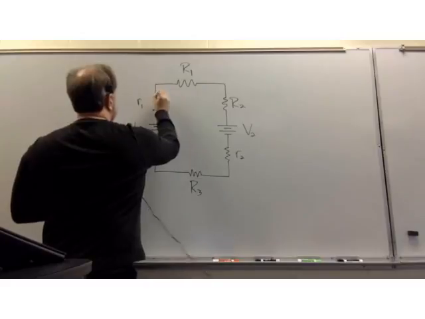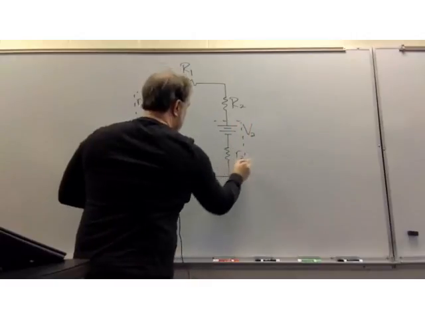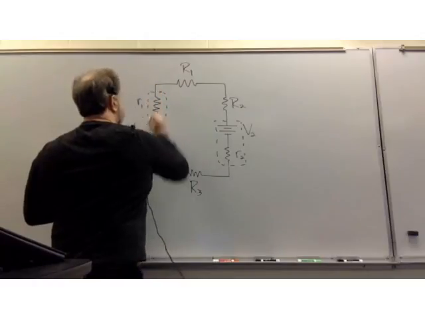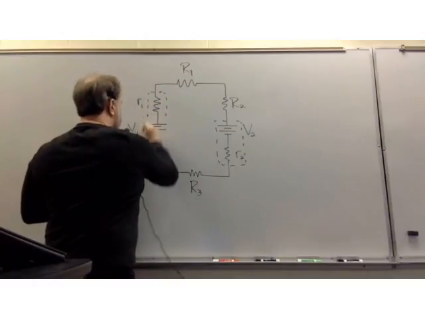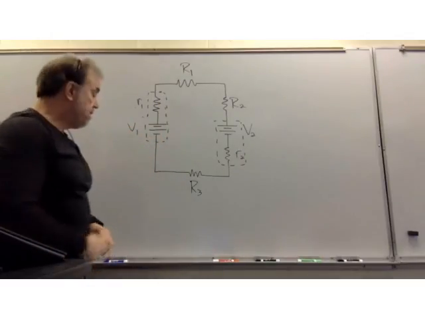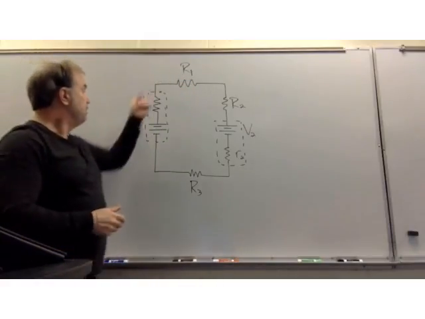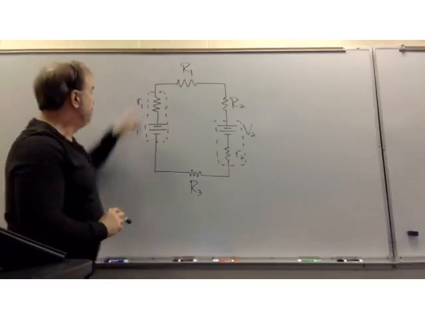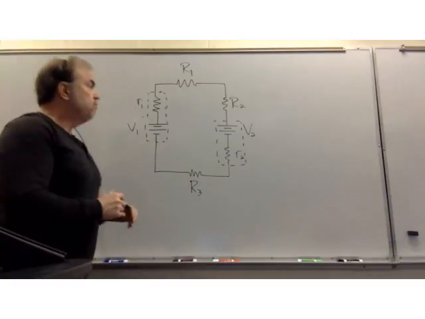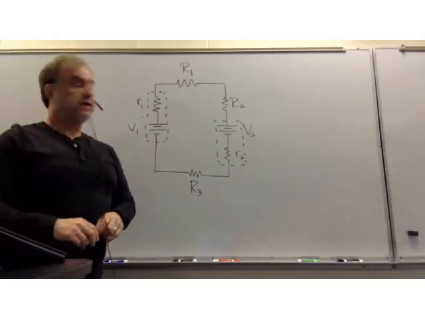So conceptually, we can link the potential and the resistance of the battery together, but as a matter of calculation and analyzing the circuit, it doesn't really make any difference that this internal resistance is part of the battery, as you'll see.